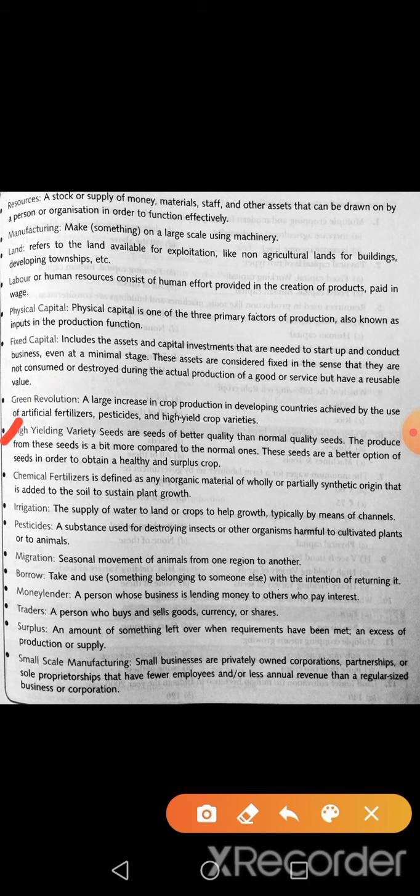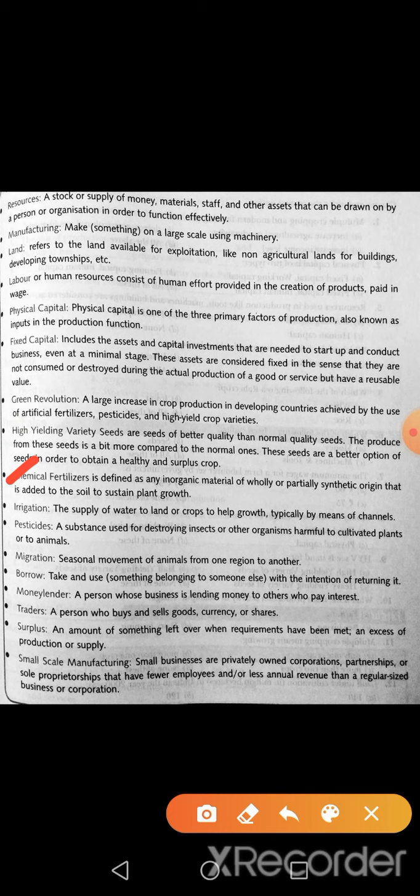Next one, what do you mean by high yielding variety seeds? These are seeds of better quality than normal seeds, which we can see in our farming structure. The produce from these seeds is more compared to the normal ones. These seeds are a better option in order to obtain a healthy and surplus crop.